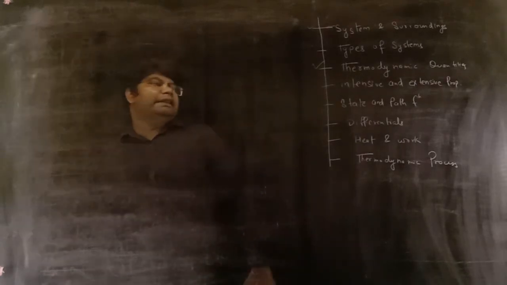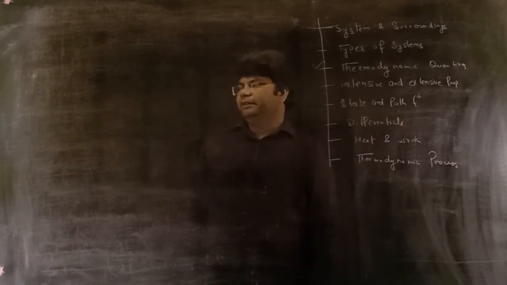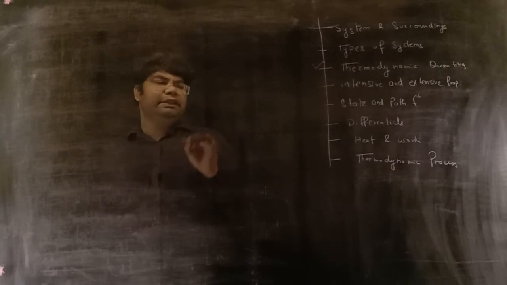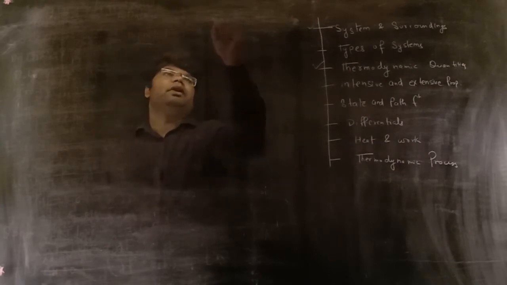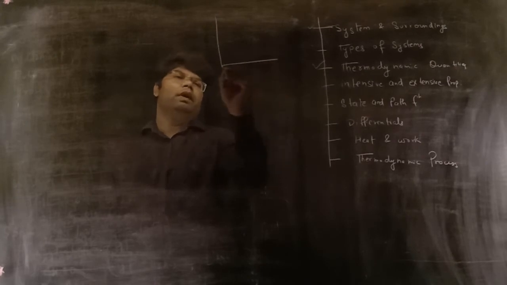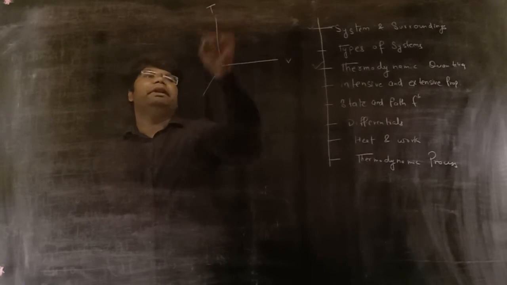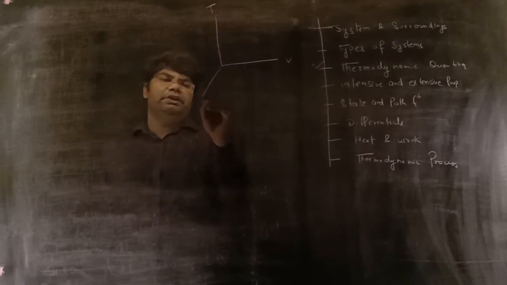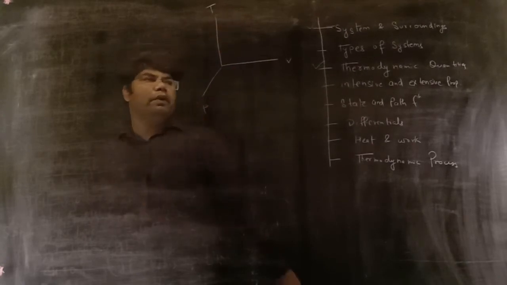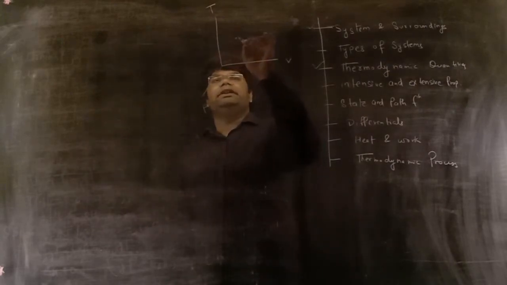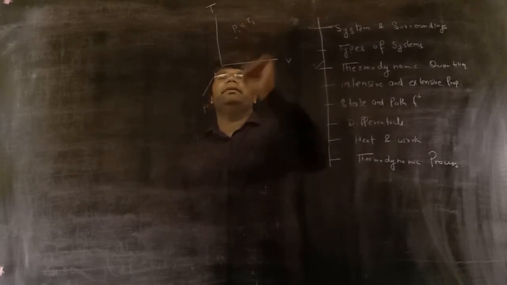So students, we are discussing state function and path function. First of all, you need to understand what a state actually is in thermodynamics. I am drawing here a three-dimensional diagram. On the axes I am taking volume, temperature and your pressure. Suppose any point in these coordinates is defined by P1, V1, T1.